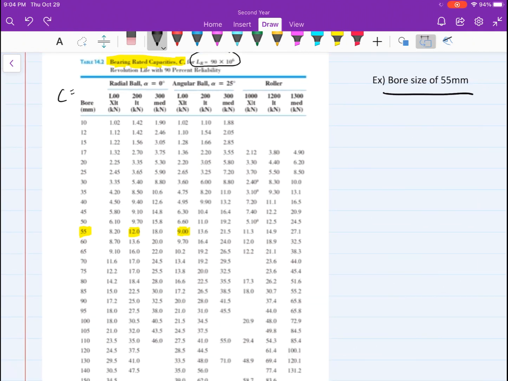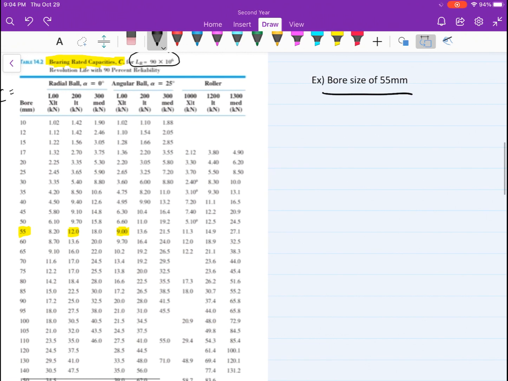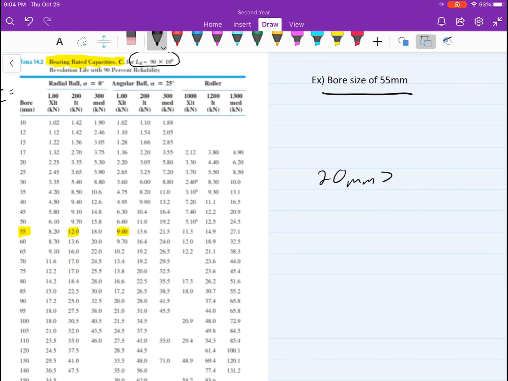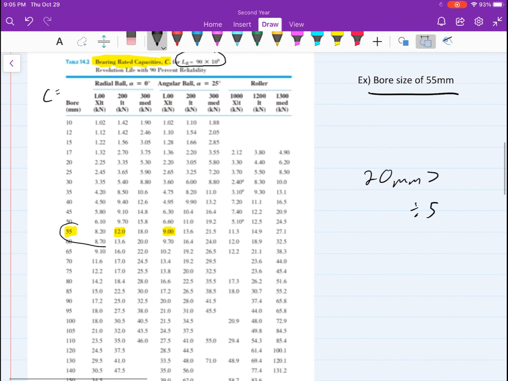For this one, we are given 55, and for bearings that are in diameter of 20 millimeters or greater, you're supposed to divide by 5. So in this case, we have 55, and it corresponds to 12.